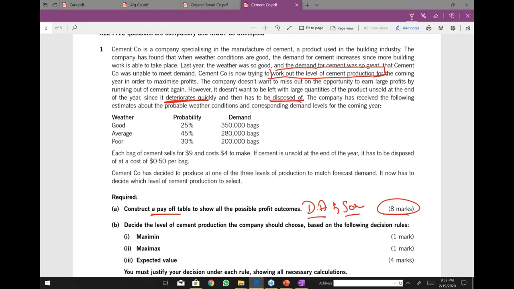So they neither want to be left with too much inventory of cement, nor produce so little that they cannot fulfill the demand.